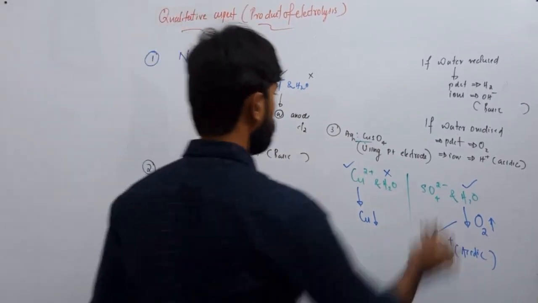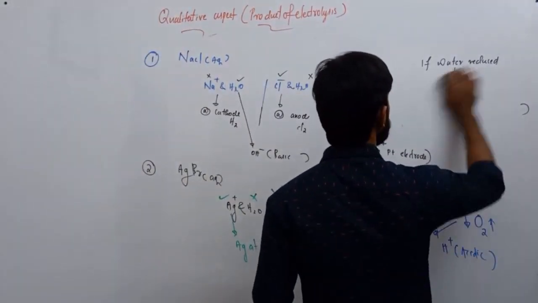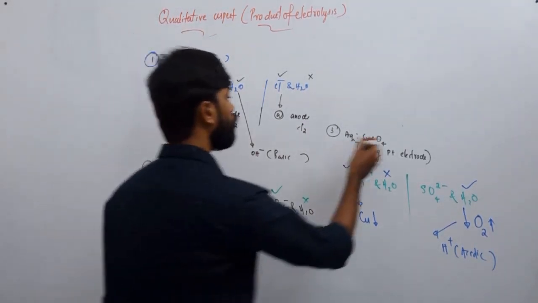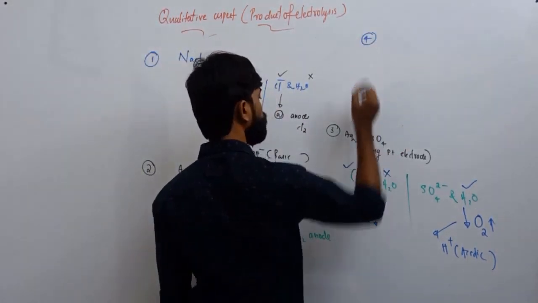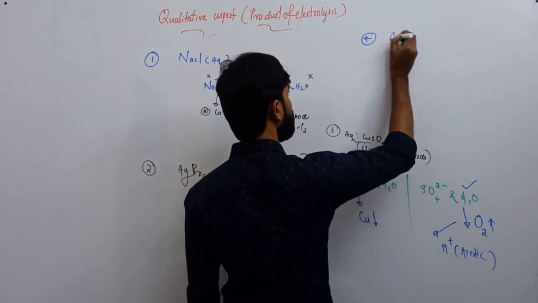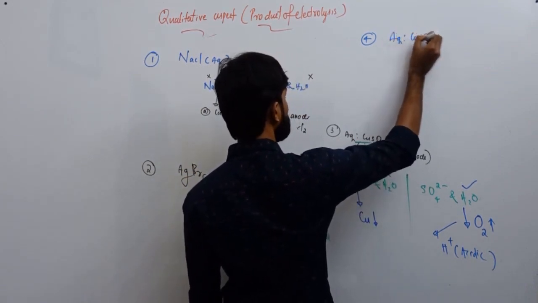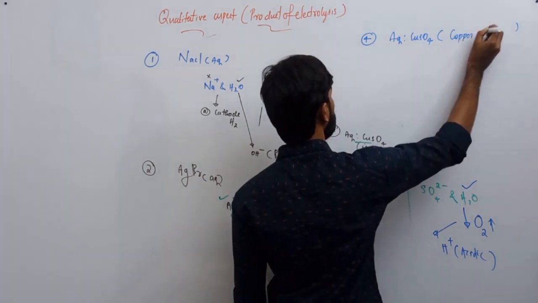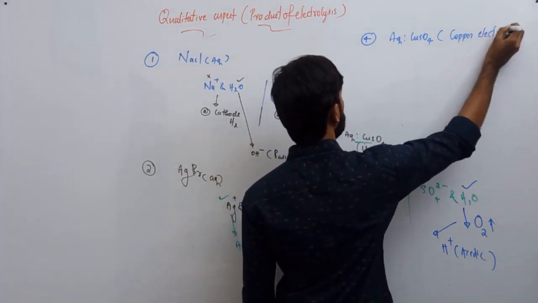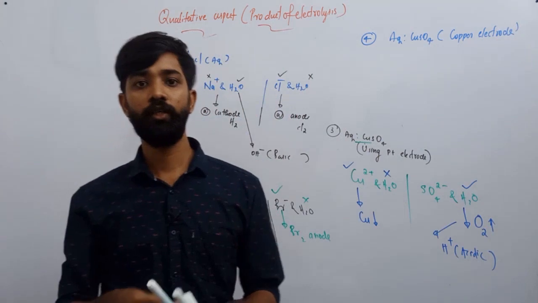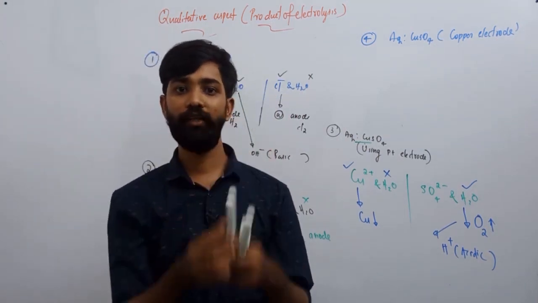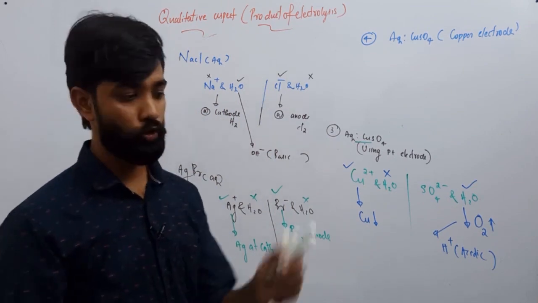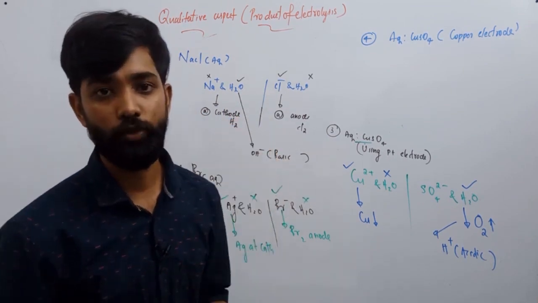Okay, one more case in this one. The third example is the electrolysis of aqueous copper sulfate using a copper electrode. Copper electrode means the electrodes are made up of copper, so there are copper atoms also.